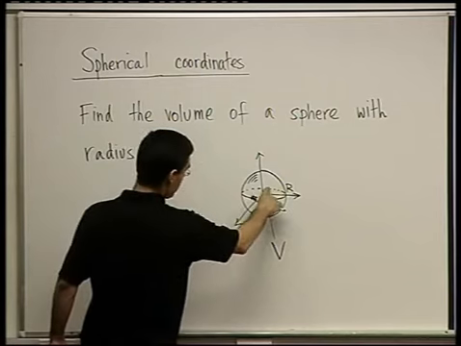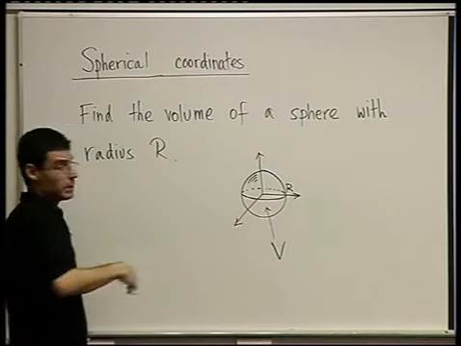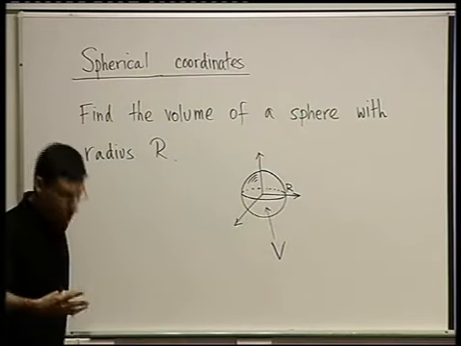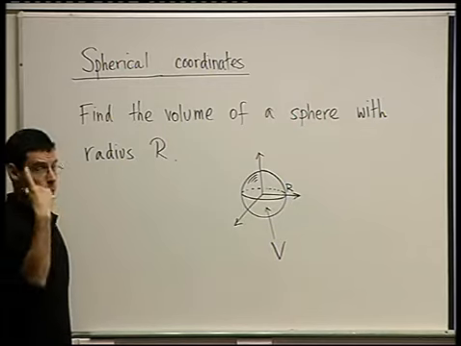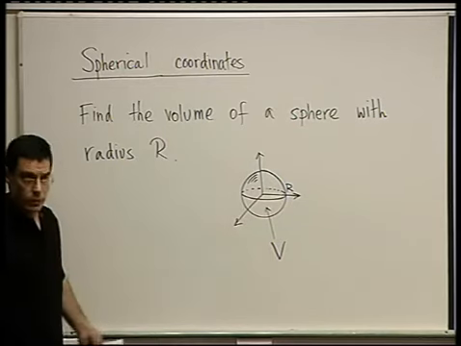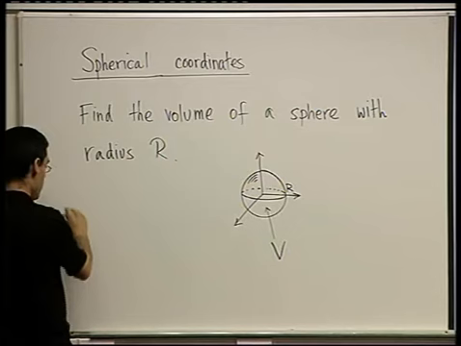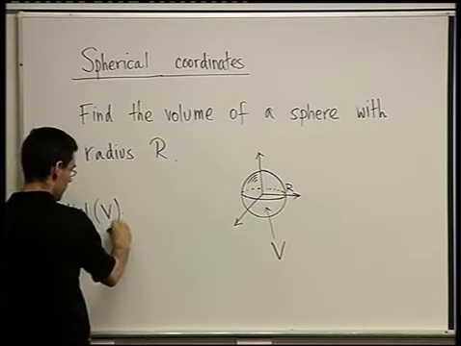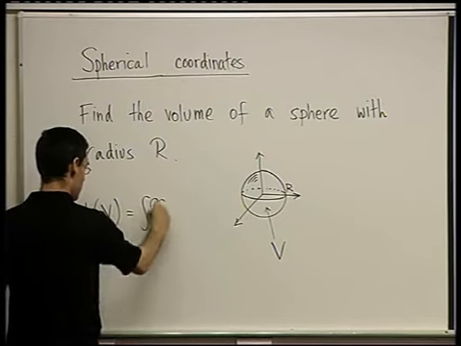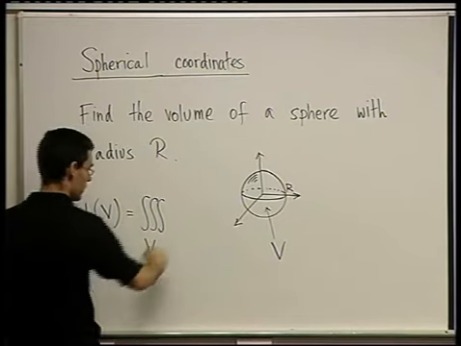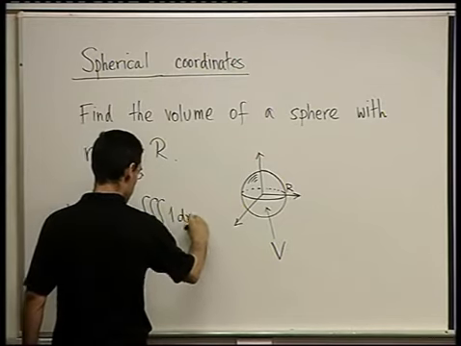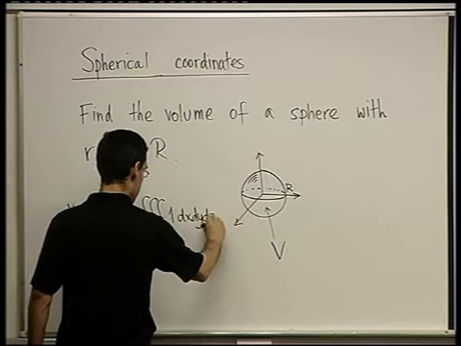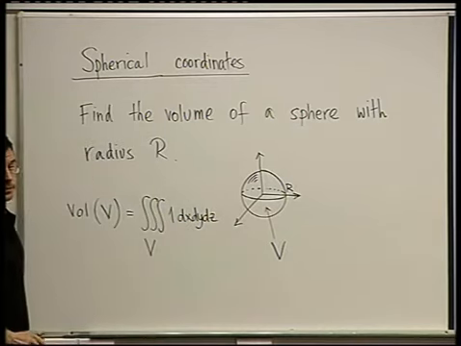So I want to calculate its volume. I'm going to do a triple integral of the function 1 over this domain. Do you agree? Okay, so the volume of the sphere is given by the triple integral over the sphere of 1 dx dy dz. Do you agree?